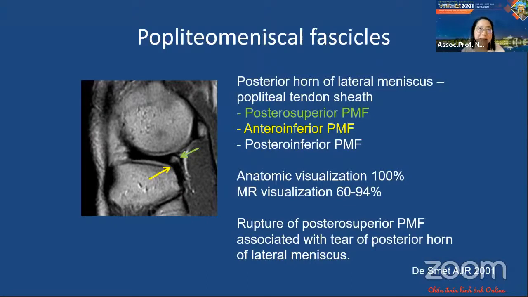It will be found on anatomical dissection, but on MRI, roughly 60 to 90% will be identified. A rupture of the posterosuperior band is usually associated with a posterior horn lateral meniscal tear. So whenever you find a tear of the meniscus, carefully look at this structure.